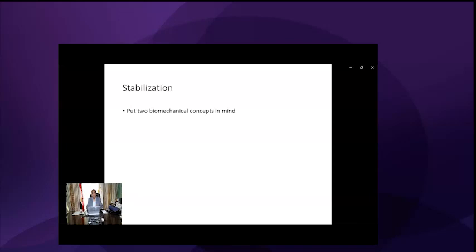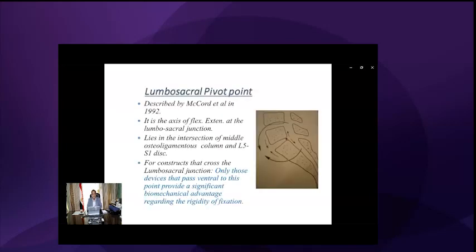Stabilization: put two important biomechanical factors in mind before doing any attempt of stabilization of fractures around this area. The first one is the lumbosacral pivot point. It's described by McCord in 1992, and it's the axis of flexion and extension around this area. It's this point in the back of L5S1 disc.